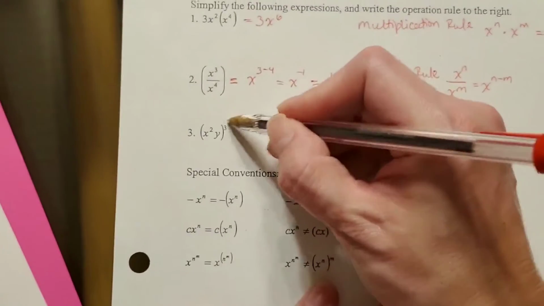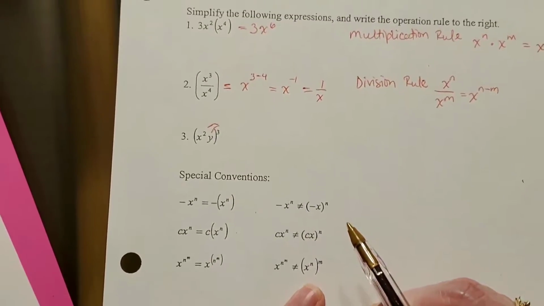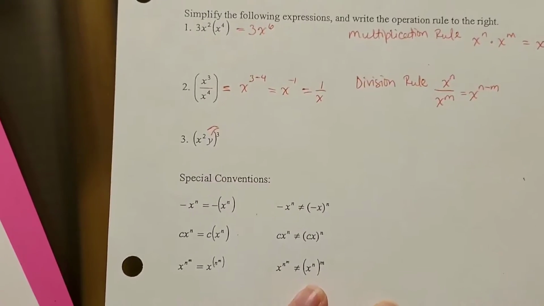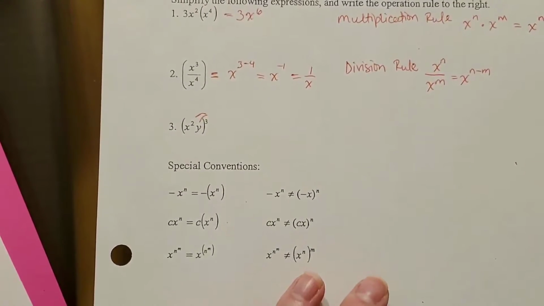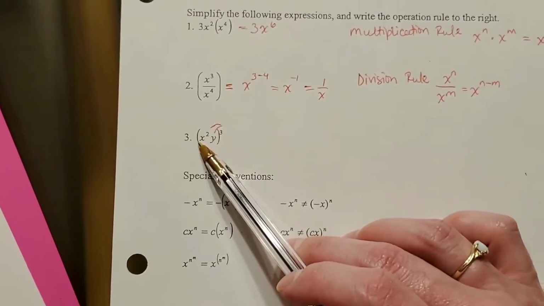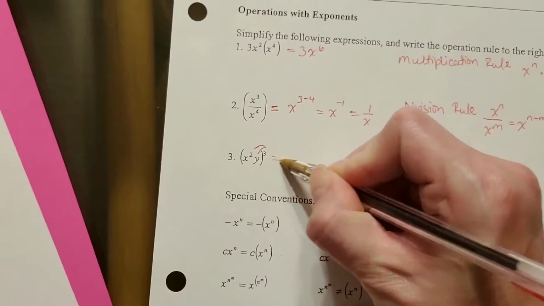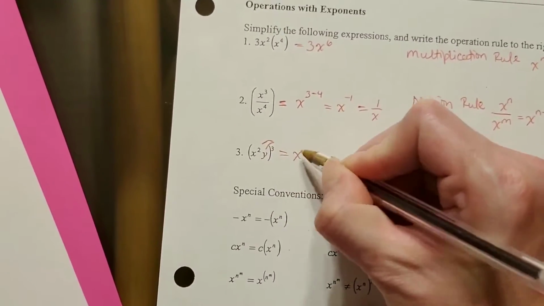It should remind you of the distributive property. You have to distribute that power to every base in your sets of parentheses. So if you had a number in front of that x squared, you would have to cube whatever that number was. In this case, when we distribute, we are going to multiply.